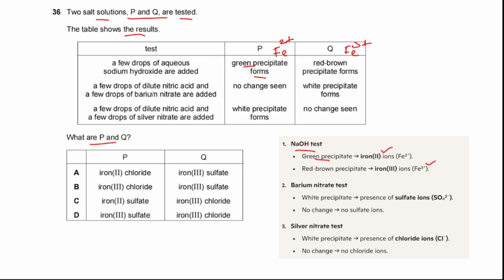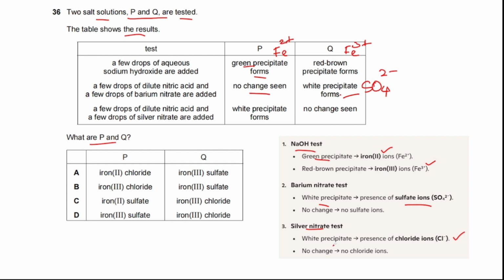Then add a few drops of dilute nitric acid and a few drops of barium nitrate. This shows the presence of sulfate ion. If it is a white precipitate, it has sulfate ion, SO4 2 minus. So Q has the sulfate ion. P doesn't show any change, which means no sulfate ion. Then a few drops of dilute nitric acid and a few drops of silver nitrate are added. The silver nitrate test is for the presence of chloride ions.